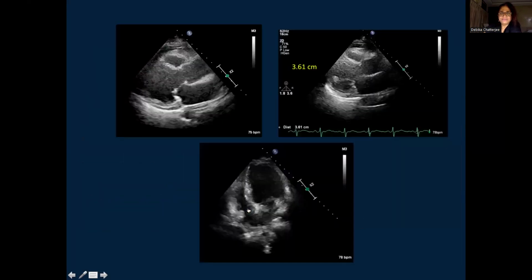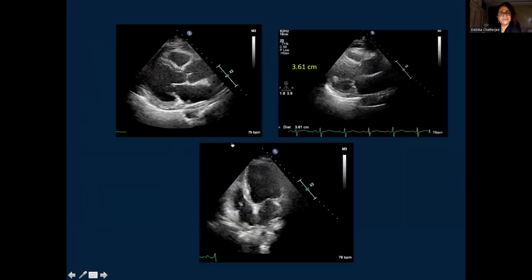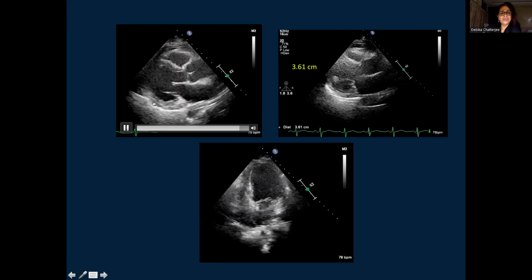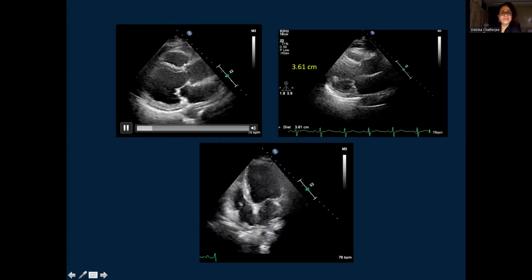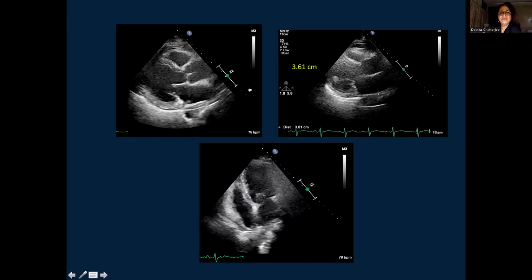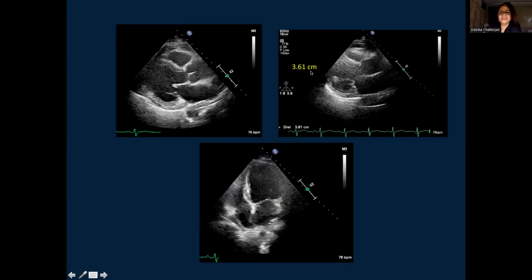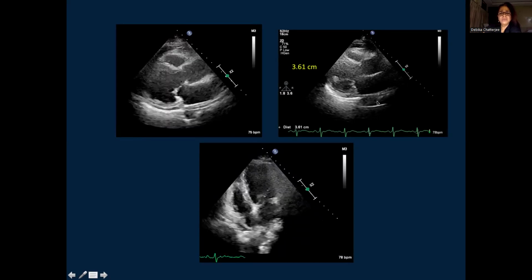Now look at this patient, a case of triple vessel disease, where the LV is dilated, and we measure the LA in the anteroposterior diameter, and we get 3.61.